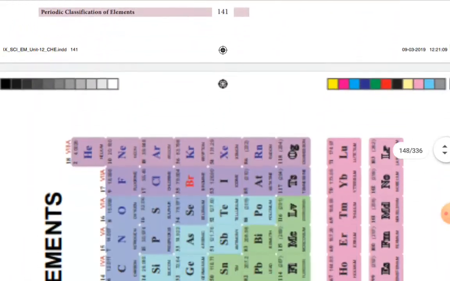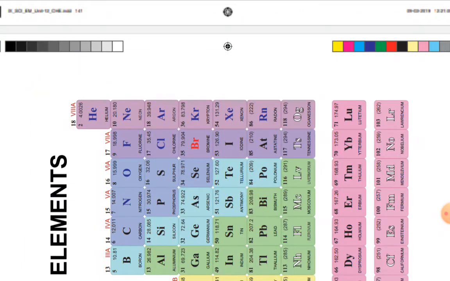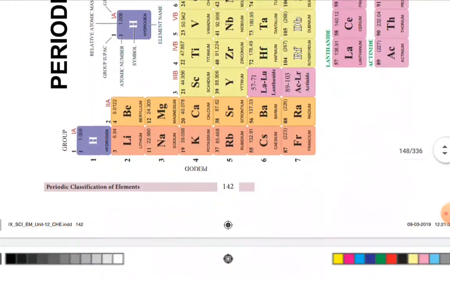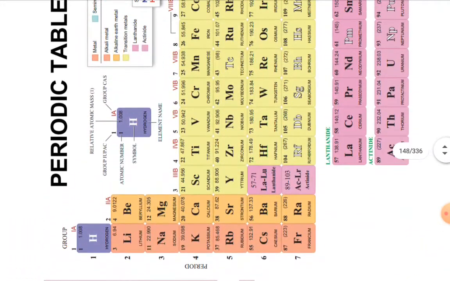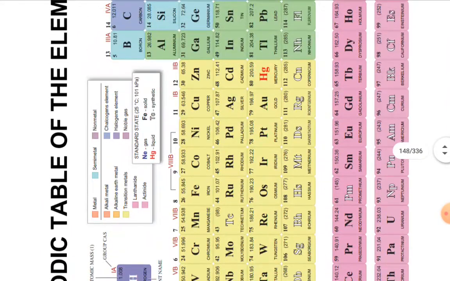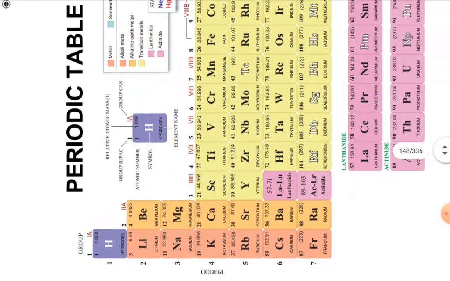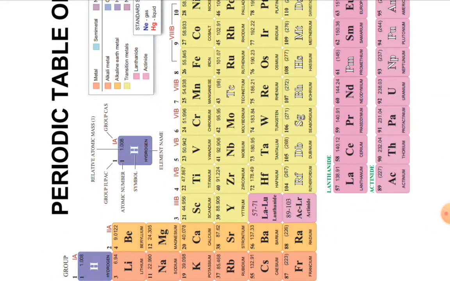Now you can study the periodic table. This is the modern periodic table. This was devised by Henry Moseley based on the increasing order of atomic number.